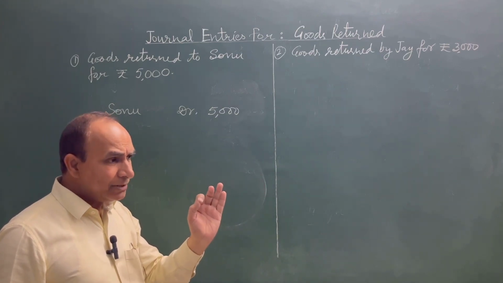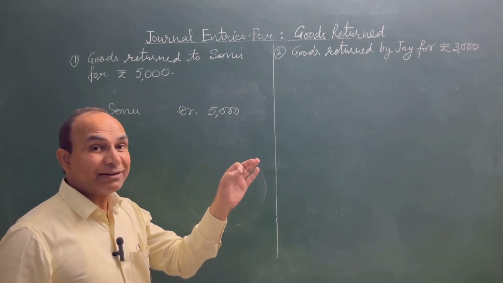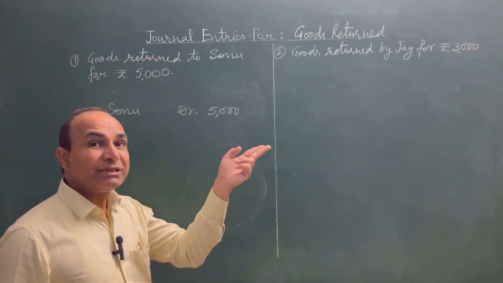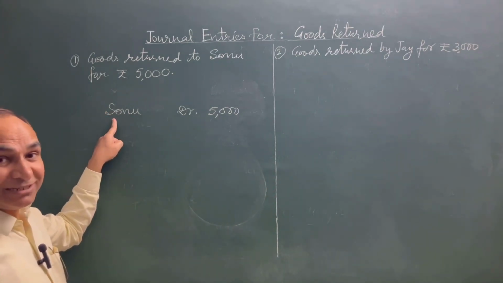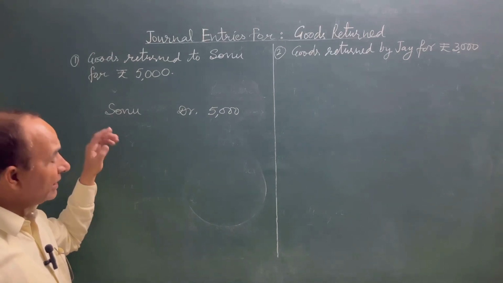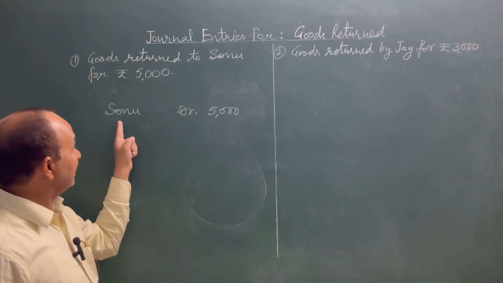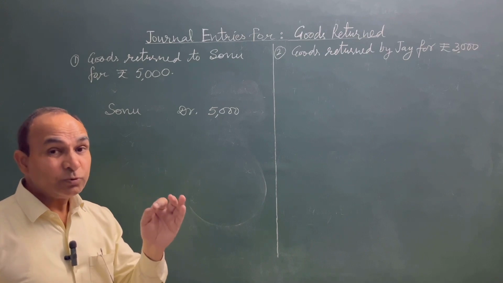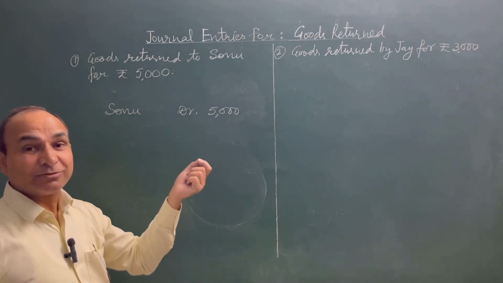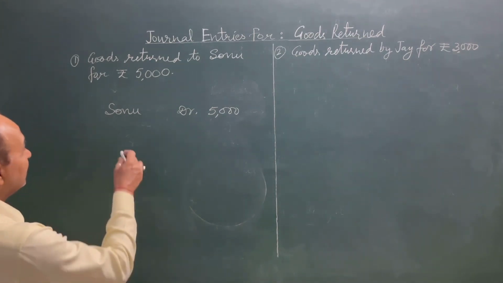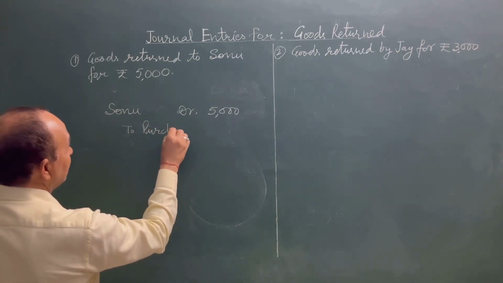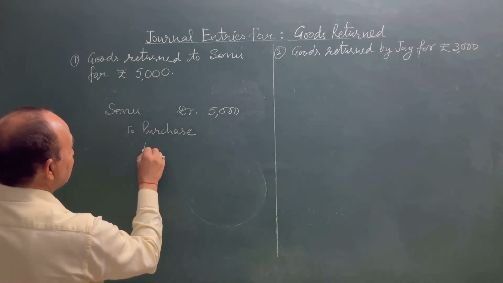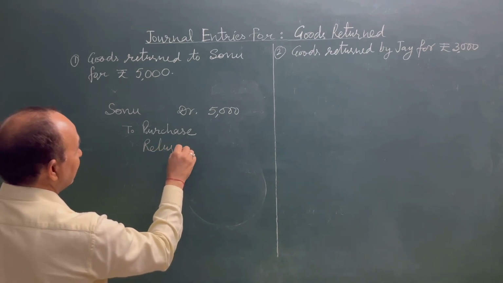And when some part of goods are returned back, it also results into decrease in liability, and decrease in liability is debited. Understand this. And on the other hand, debit the receiver, and Sonu is receiving goods worth rupees 5,000, to purchase return account.